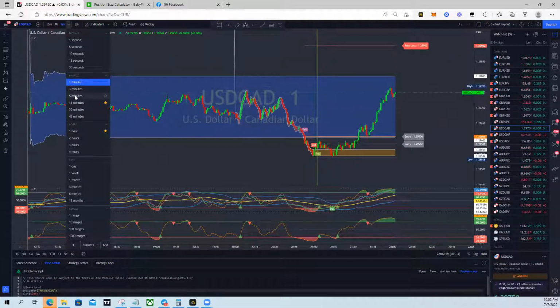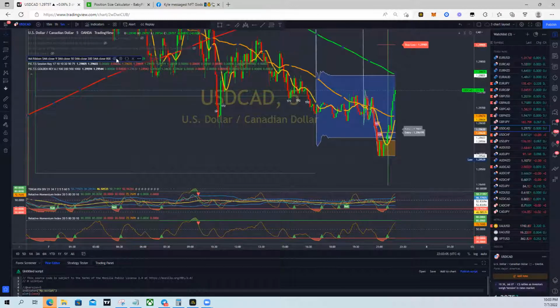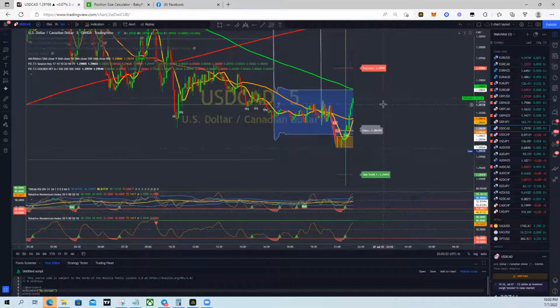So I think he's about to try to break and cross, give a dead cross on that 50 and that 200, right from that bottom. Yeah, it's sitting right at the top of the zone too. We might get a little resistance there, but it is the top of the zone.